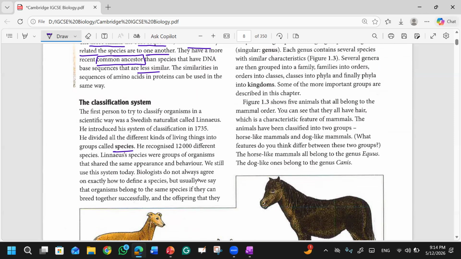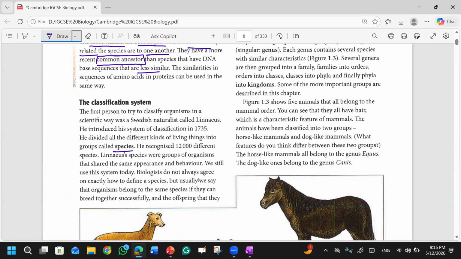A species is a group of organisms that can breed together successfully in nature and produce healthy, fertile offspring.